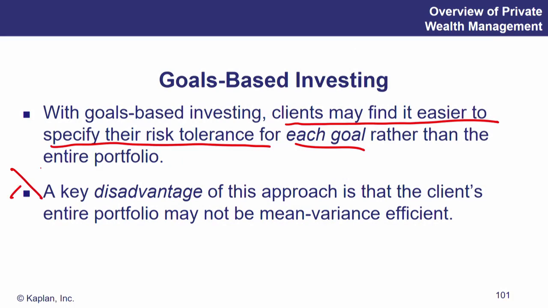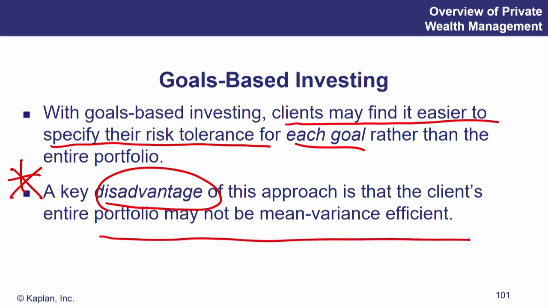Now, this is the key disadvantage, and I've already talked about this. It may mean that the entire client's portfolio may not be mean variance efficient. What does that mean? Well, in English, we're basically saying the Sharpe ratio is not maximized.